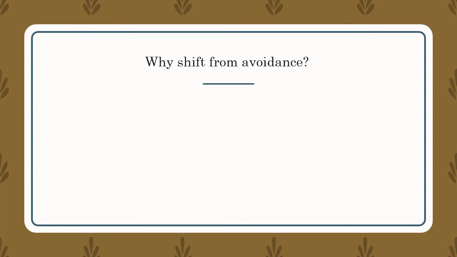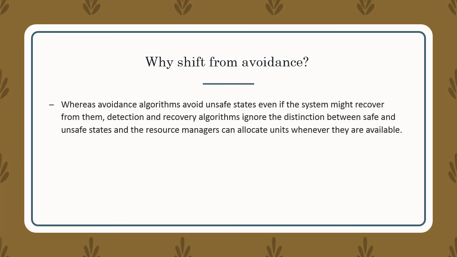Why shift from avoidance? Whereas avoidance algorithms avoid unsafe states, even if the system might recover from them, detection and recovery algorithms ignore the distinction between safe and unsafe states, and the resource managers can allocate units whenever they are available.